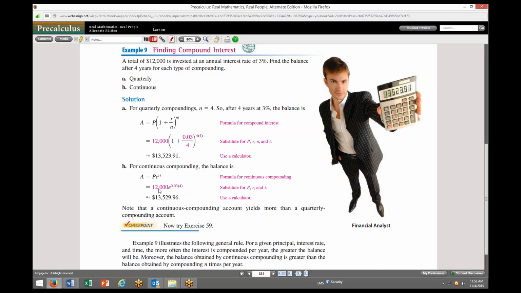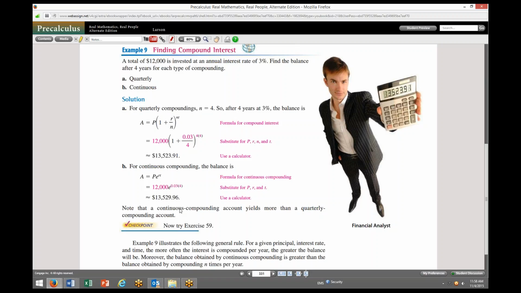And that gives us the answer rounded to the nearest penny. Again, the decimals you get will go on and on for a while, but rounded to the nearest penny, it is $13,529.96.